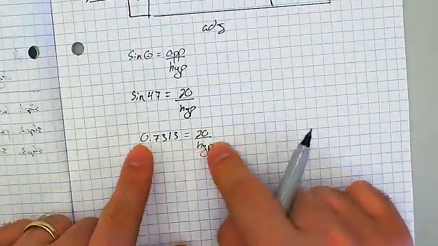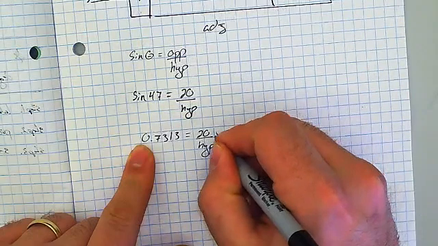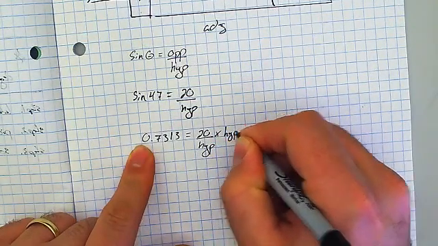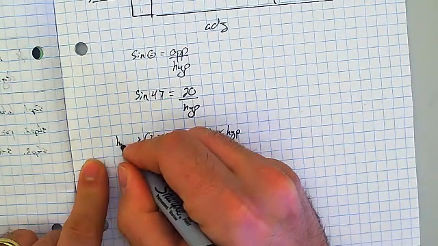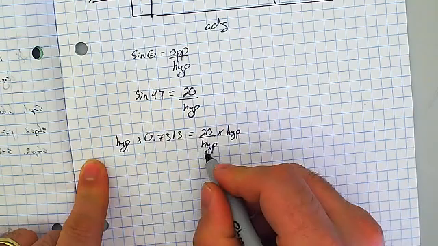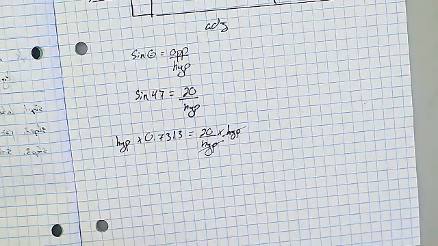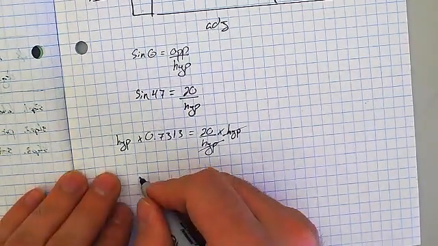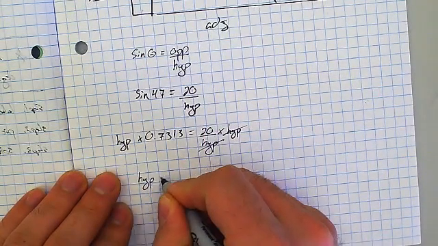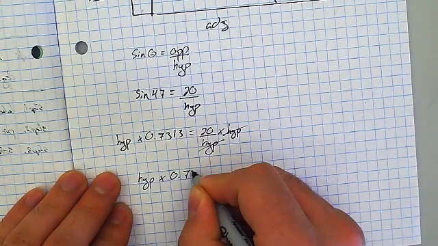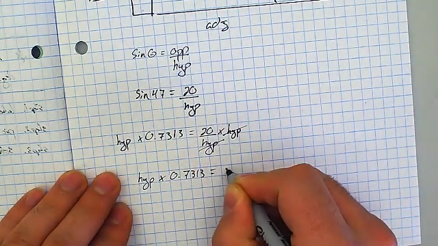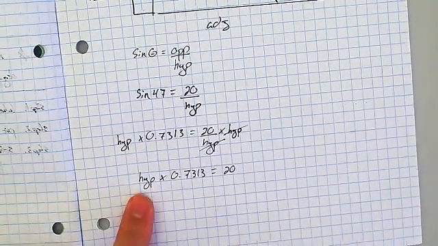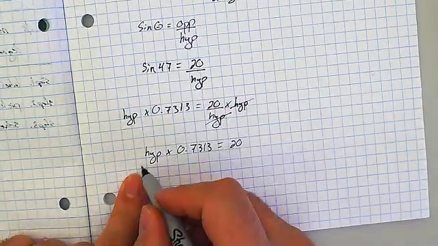Our goal is to get the hypotenuse by itself. I can first start by multiplying both sides by the hypotenuse. Hypotenuse divided by hypotenuse will cancel out. My new formula is now the hypotenuse times 0.7313 equals 20.